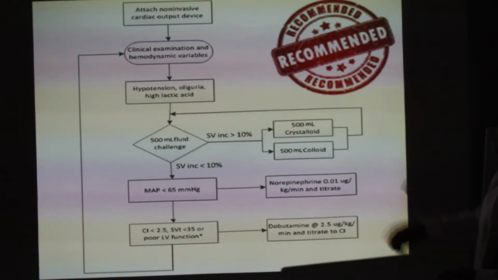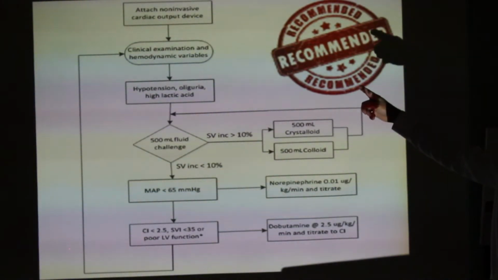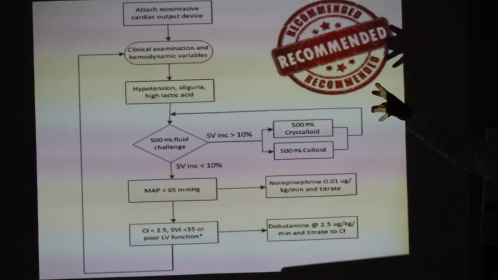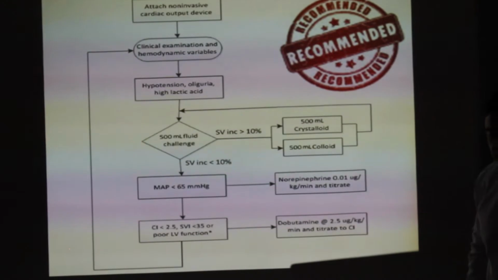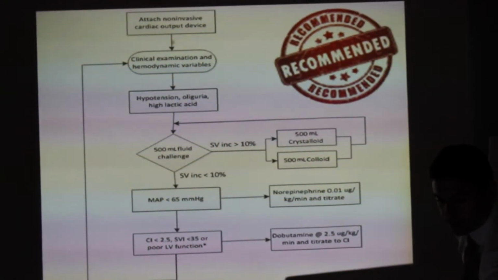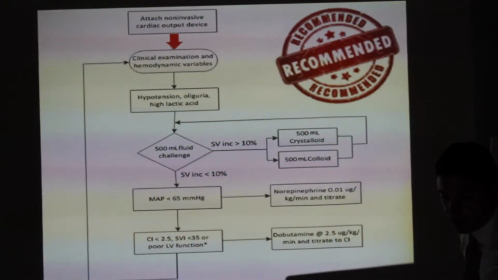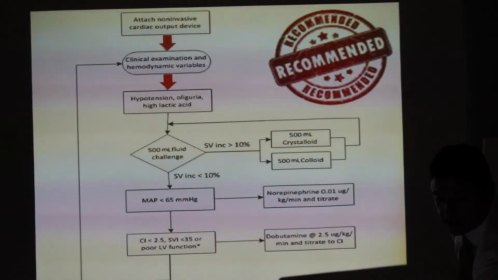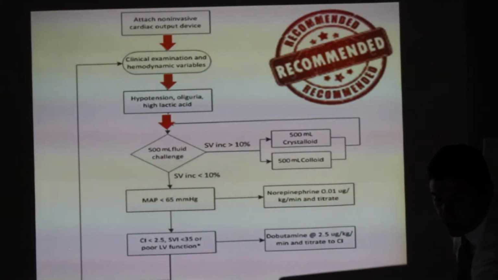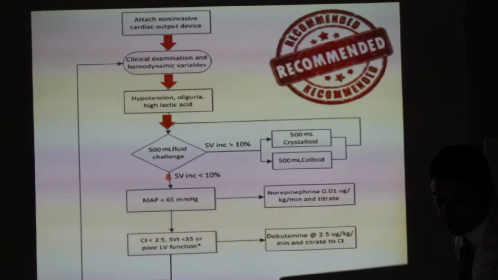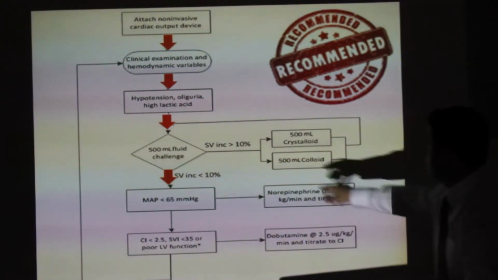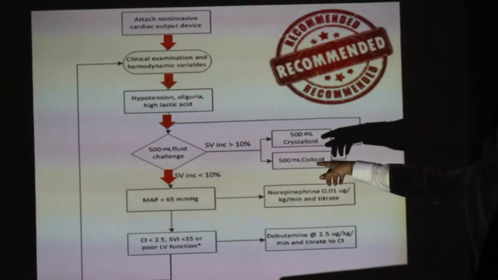At some point, in front of a patient who is in any cardiac derangement, attach the non-invasive cardiac output device. Clinical examination, hemodynamic variables: hypotension, oliguria, high lactic acid. You can give a 500 fluid challenge and check the stroke volume variation.